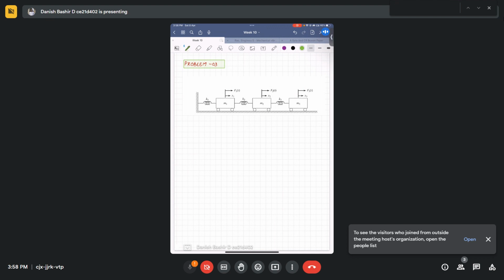So we have this 3 degree of freedom system M1, M2, and M3. For this 3 degree of freedom system, we need to derive the free vibration equations of motion and also natural frequency and mode shapes. So let's do this question quickly and then we will stop.